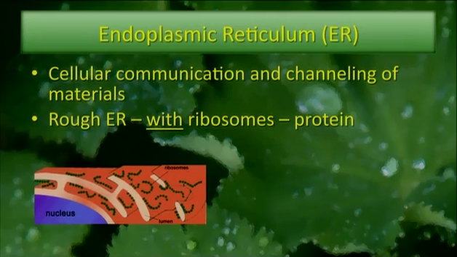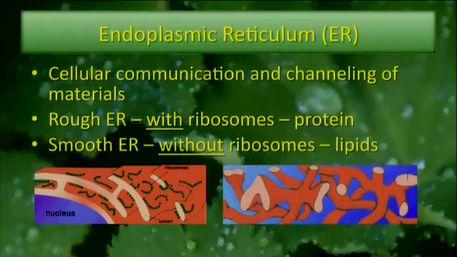They are involved in the synthesis, secretion, and storage of proteins. That's what the rough ER does. Now the smooth ER is called smooth because it does not have ribosomes. It's involved in the secretion of lipids.